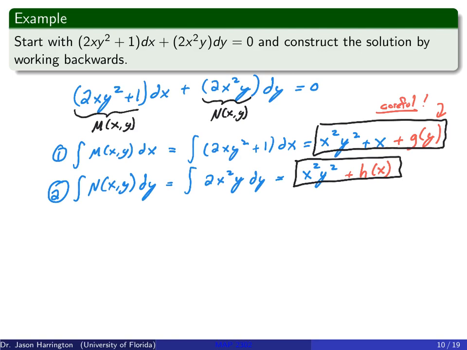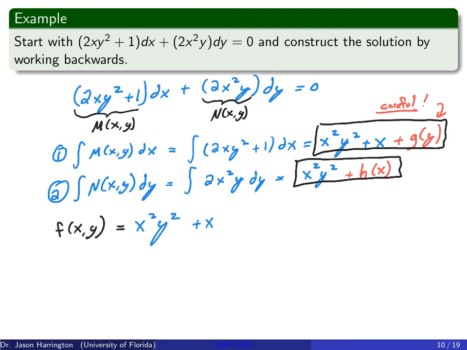All right, so let's write it out. So I have now that f of x, y, the first thing I'm going to need is they both have x²y². So that's easy enough. I can definitely take care of that. And the first line tells us that I need a plus x. But is that going to work, right?